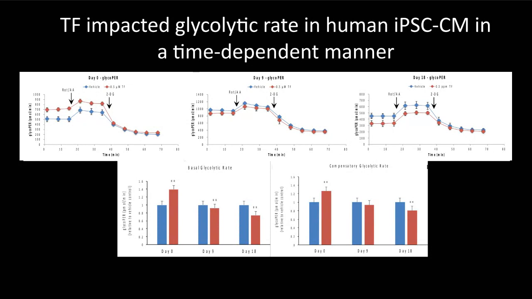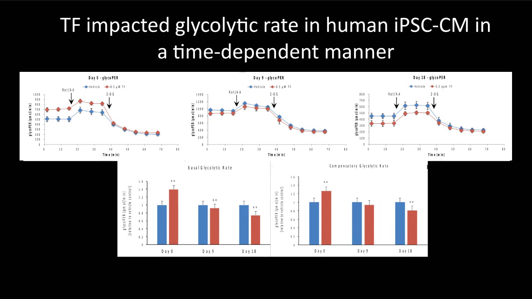So this is some data that we have already gathered, and this is the impact of 0.5 micromolar TF on glucose metabolism, or specifically the rate of glycolysis. The iPSC-CM that you see here stands for induced pluripotent stem cell-derived cardiomyocytes.